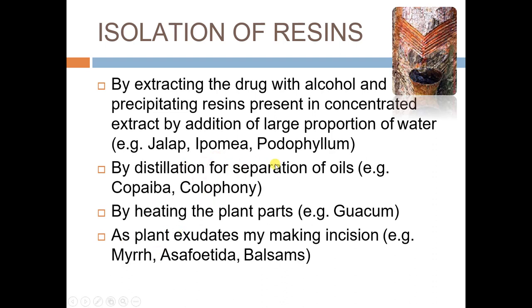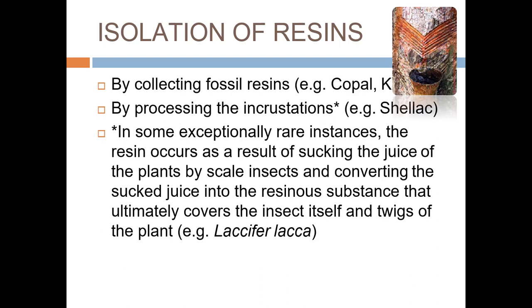By distillation for separation of oils, for example, copaiba and colophony. By heating the plant parts, or as plant exudate by making incisions, for example, myrrh, asafoetida, and balsams. By collecting the fossil resins, for example, copal, and by processing the encrustations, for example, shellac.